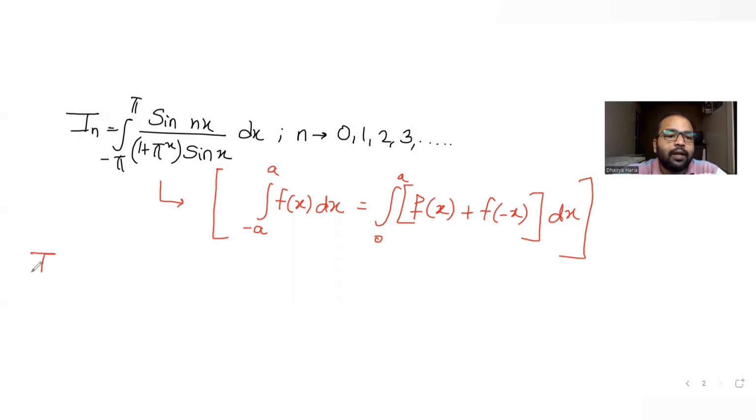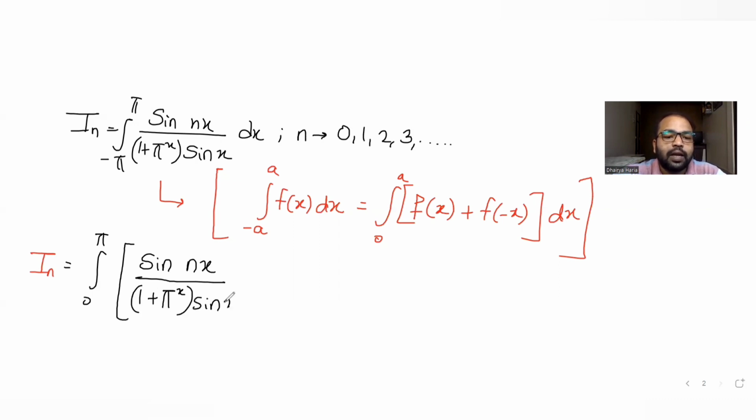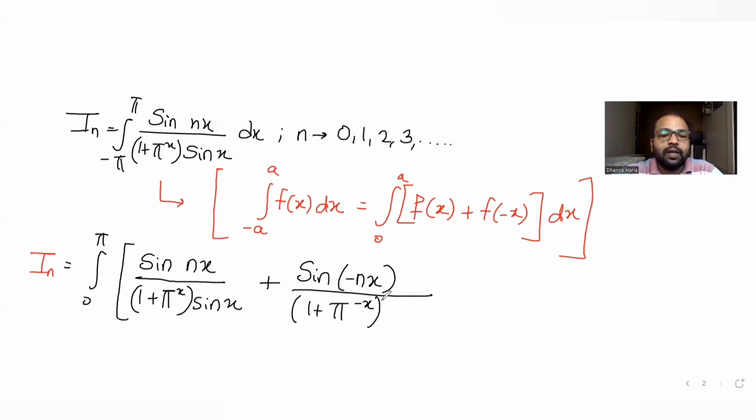So In, instead of -π to +π, I can write as integral of 0 to pi of f of x, which is sine nx upon 1 plus pi raised to x sine x, plus f of minus x, which makes it sine of minus nx upon 1 plus pi raised to minus x and sine of minus x, the whole with dx.